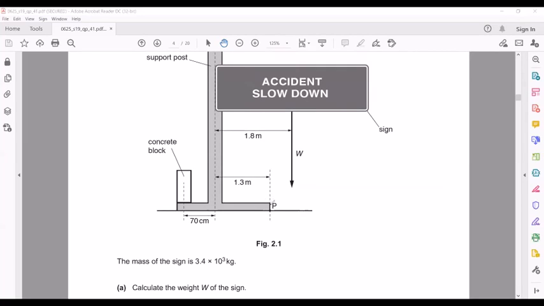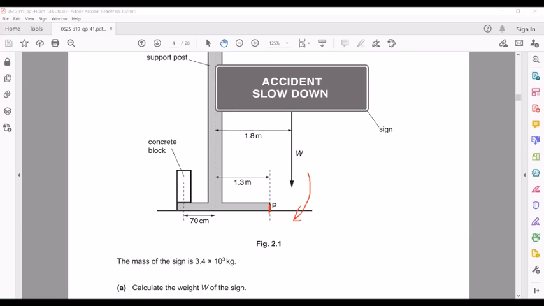So this is P, the axis of rotation, the point of rotation. Weight is acting downward, so in which direction will it cause a moment? It will cause a moment in the clockwise direction. And how will we work out the product? The moment is the product of force and distance. So force, that is the weight, multiplied by distance.